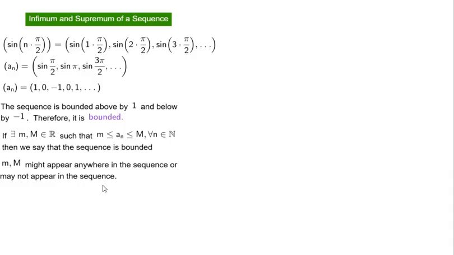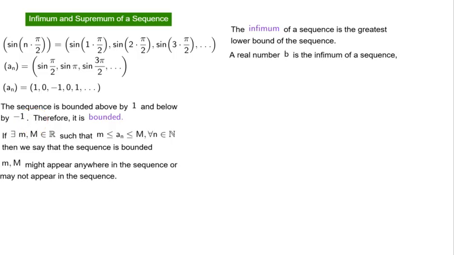The infimum of a sequence is the greatest lower bound of the sequence. So, a real number b is the infimum of a sequence if b is a lower bound of the sequence, such that b is less than or equal to a sub n for all n.